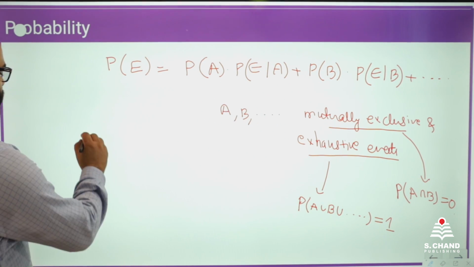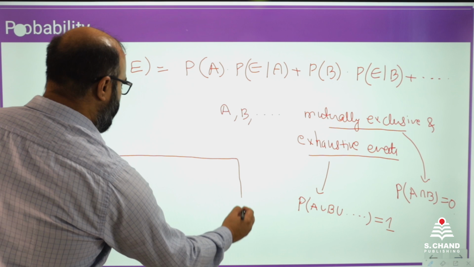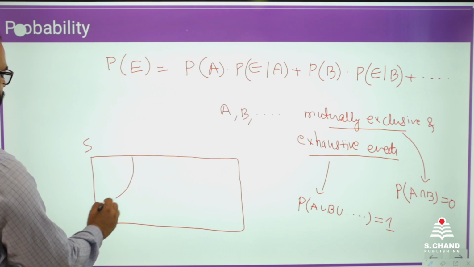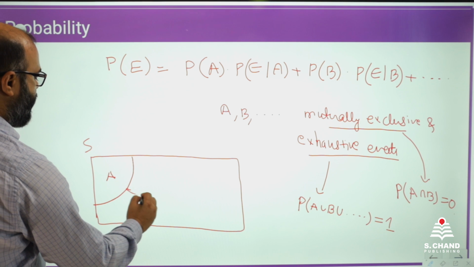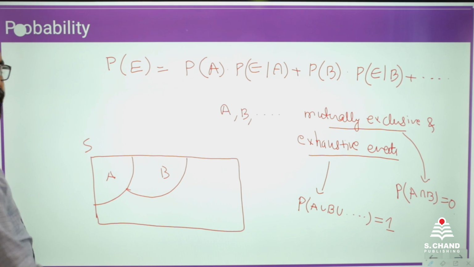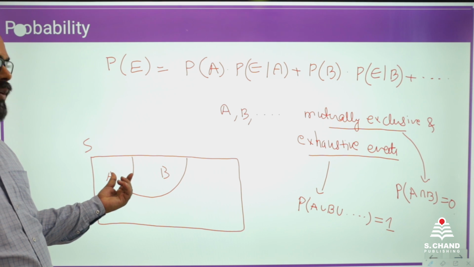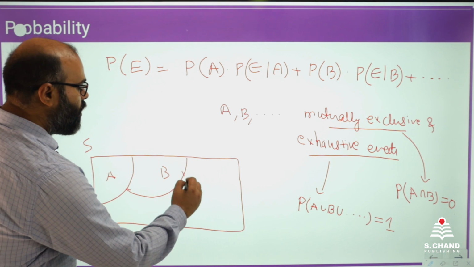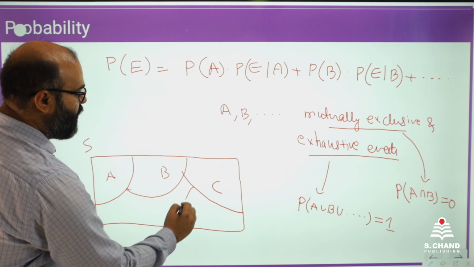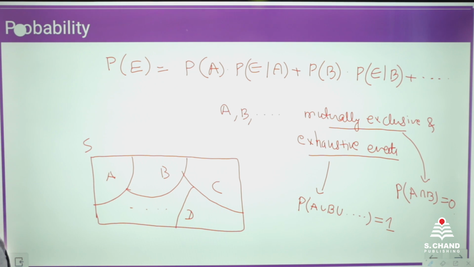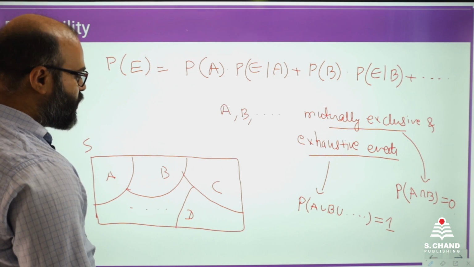Now you can understand this by a diagram also. If we have this as the sample space, this is an event A, this is an event B, both of these are mutually exclusive and exhaustive because there is nothing common here, so it is mutually exclusive, and we keep on making more events like this, and we say that they are exhaustive, they make the whole sample space.